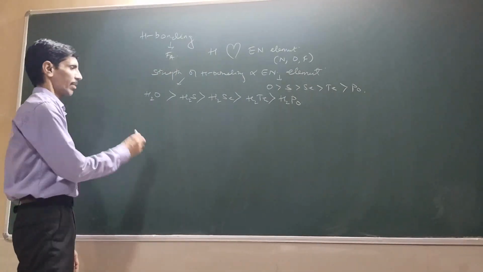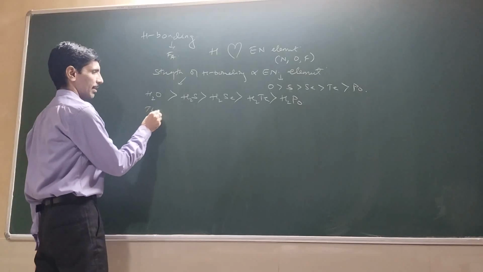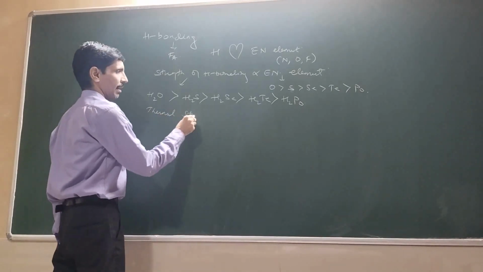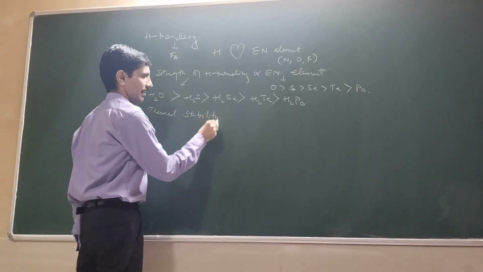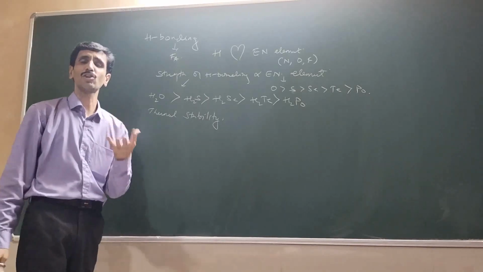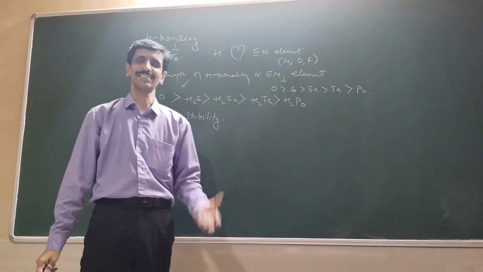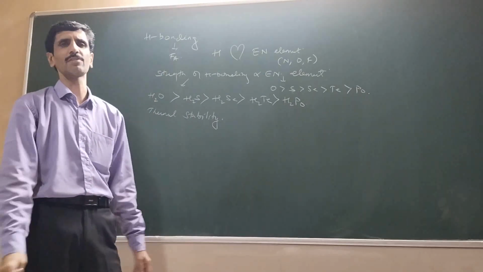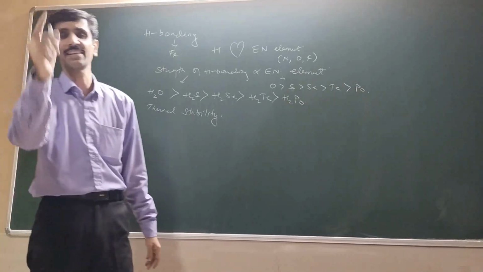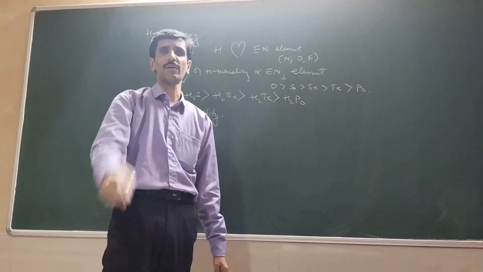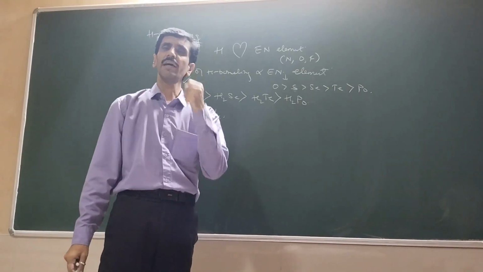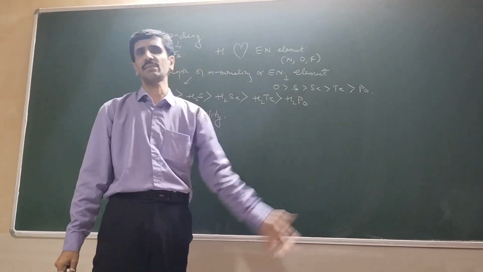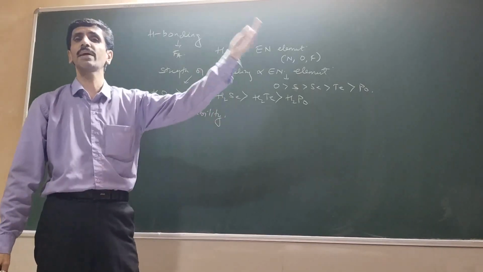Okay? Next is we go into the order of thermal stability. Now, thermal stability is the ability to withstand or tolerate temperature, heat. Okay? That ability to tolerate heat is what we call thermal stability. And that in turn is related to the strength of the bond. If the bond is stronger, it's going to tolerate more amount of heat, and therefore the thermal stability will be high.